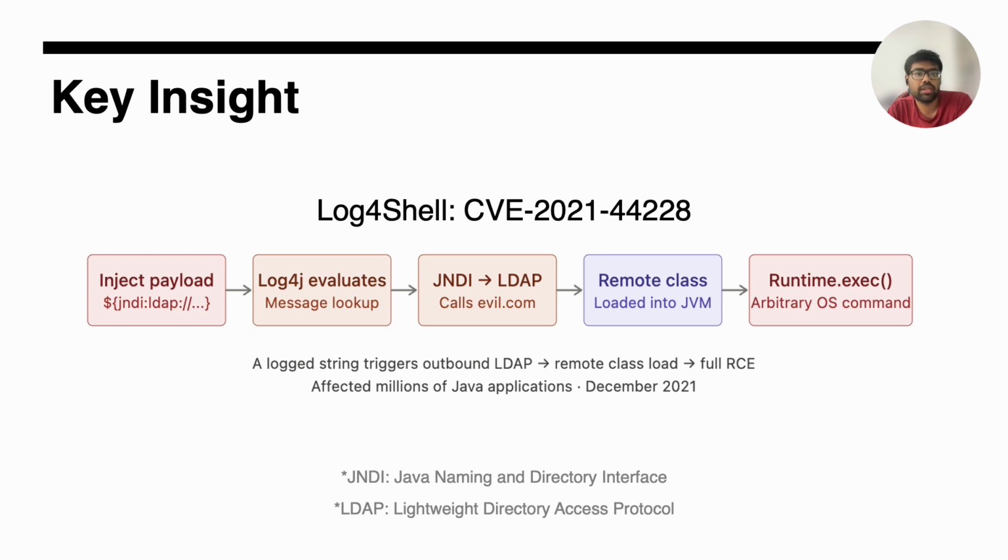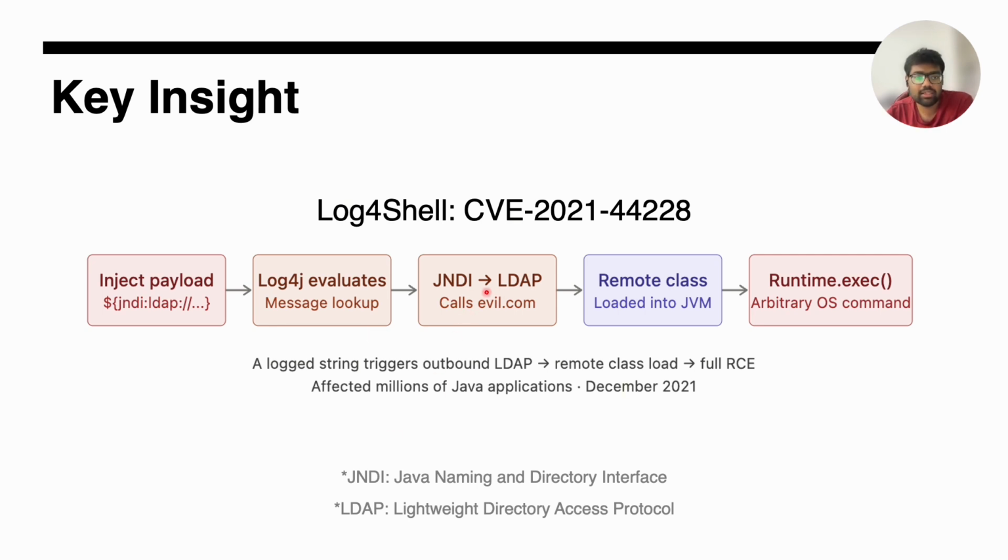Now, let me show you concretely how one of these attacks works. This is the Log4Shell vulnerability. In this attack, the attacker injects a JNDI lookup string into a field that gets logged by Log4j. It could be a user agent header, it could be an HTTP form input, anything. Now, Log4j's message evaluation feature looks up the string and evaluates it as an expression.